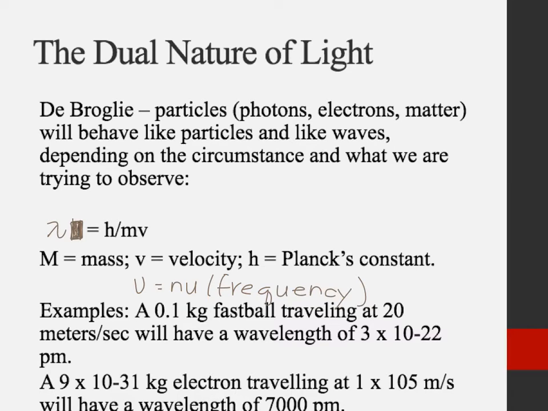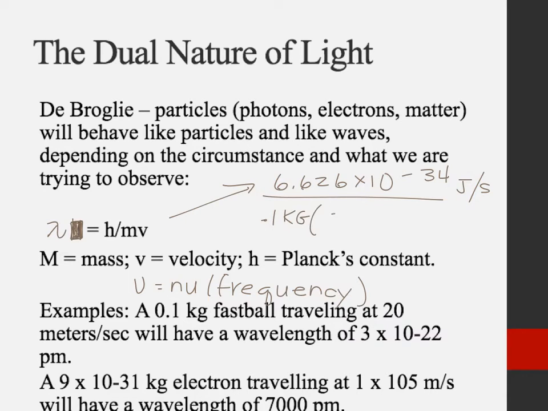So an example is a 0.1 kilogram fastball traveling at 20 meters per second will have a wavelength of 3 times 10 to the negative 22nd picometers. Well, how can we figure this out? Wavelength equals h. So up here, we've got 6.626 times 10 to the negative 34th joules per second, divided by the mass, which is 0.1 kilograms, times 20 meters per second.